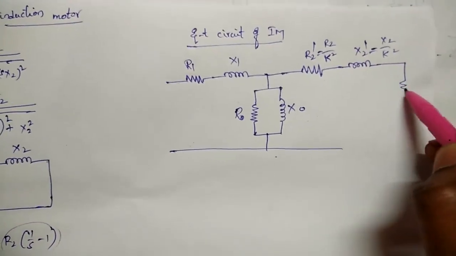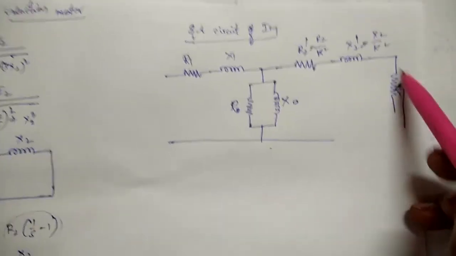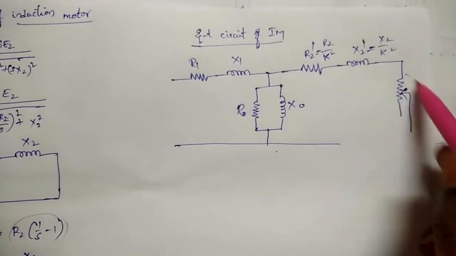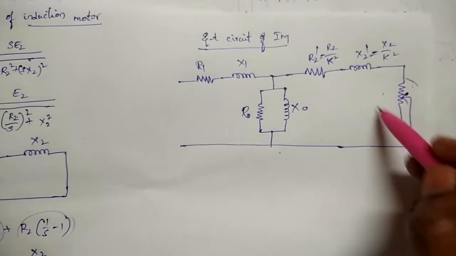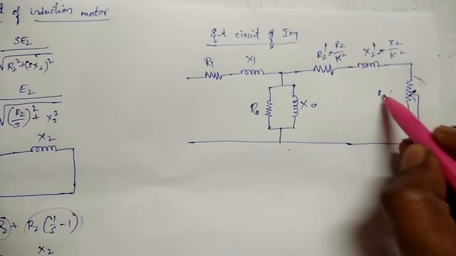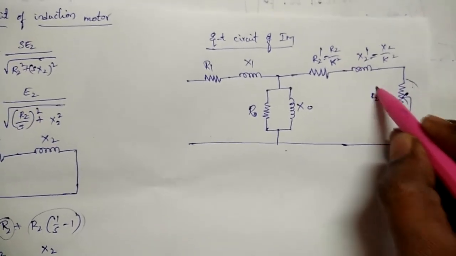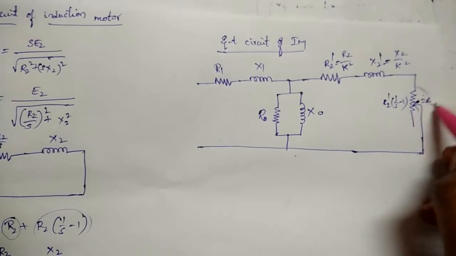And the load component of resistance is the electrical equivalent of mechanical load. This will be R2 dash into (1 by S minus 1). So it is nothing but RL dash.